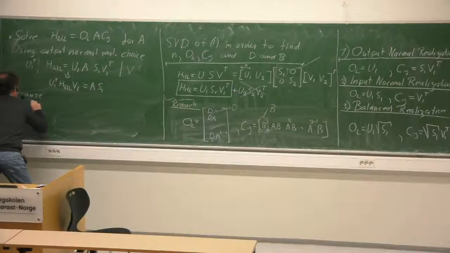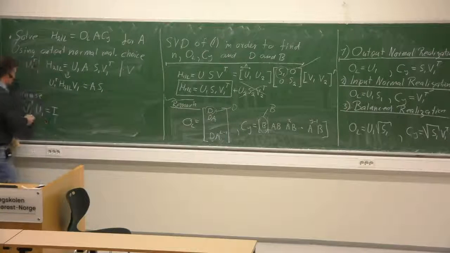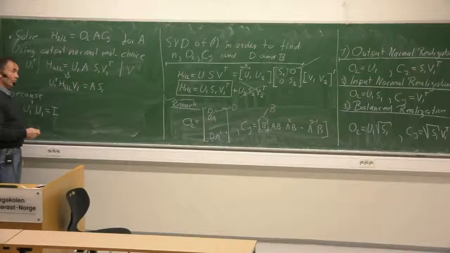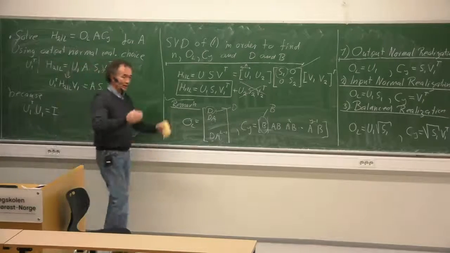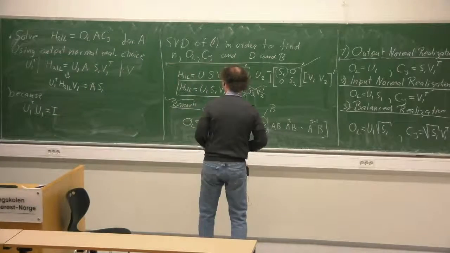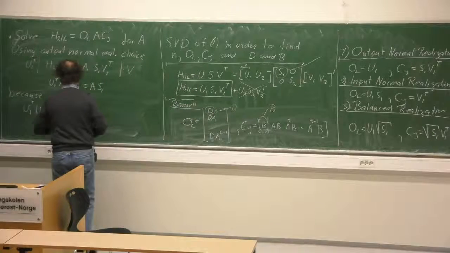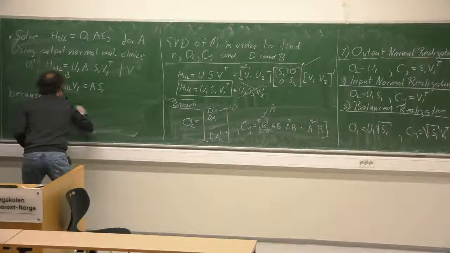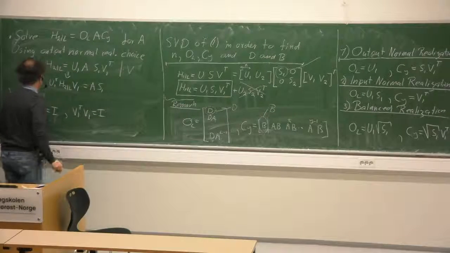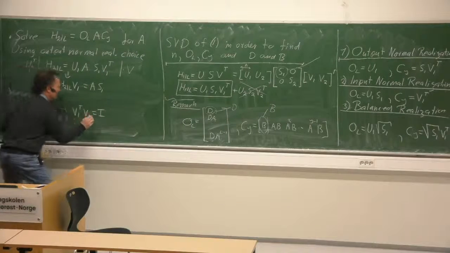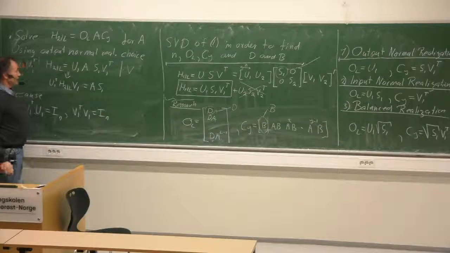So U1 transpose U1 is equal to the identity matrix. So U1 transpose is simply equal to the inverse of U1, loosely spoken. Remember that U1 may be a rectangular matrix. But this is true. And we also have that V1 transpose V1 is equal to the identity matrix, also with dimension n, in order to be precise.